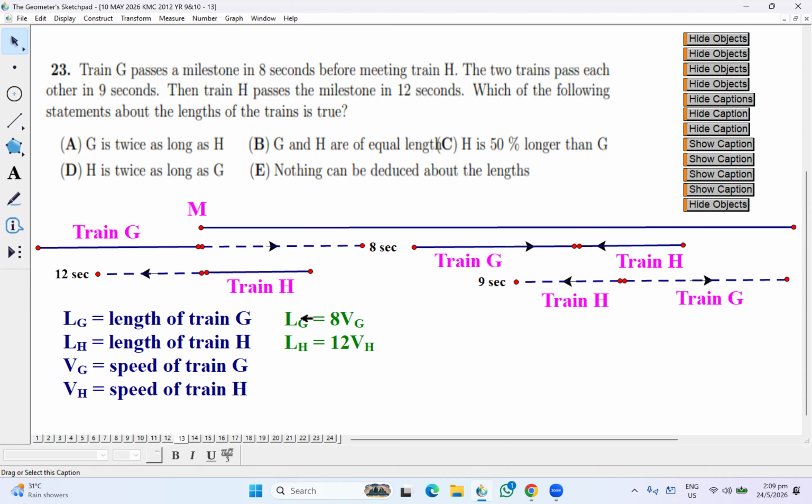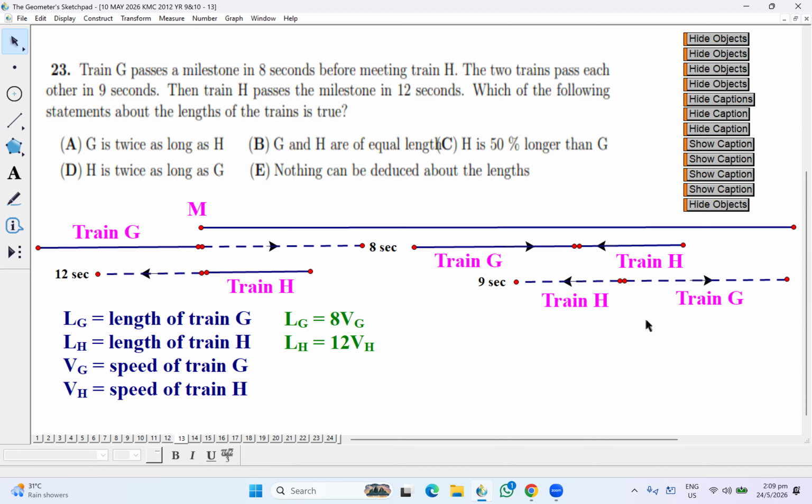For train H, time is 12. Speed times time equals the distance moved. Now this part, when they pass each other, 9 seconds, the speeds must add up.